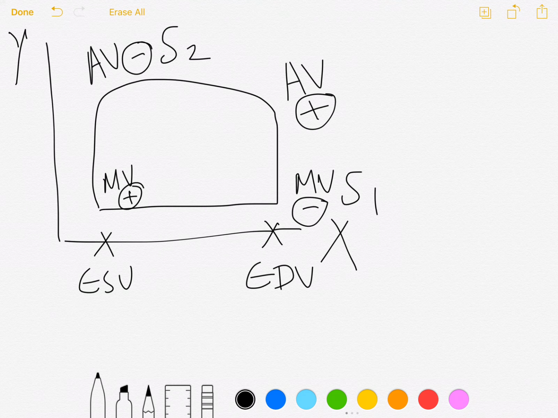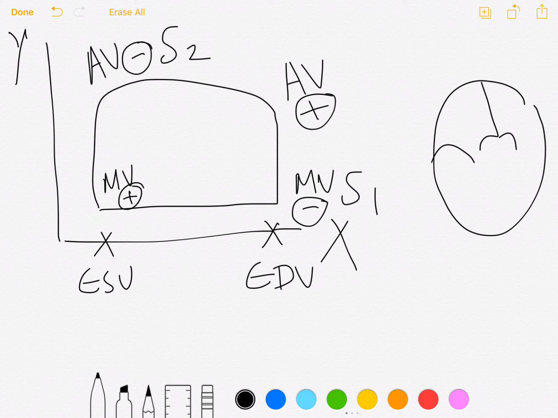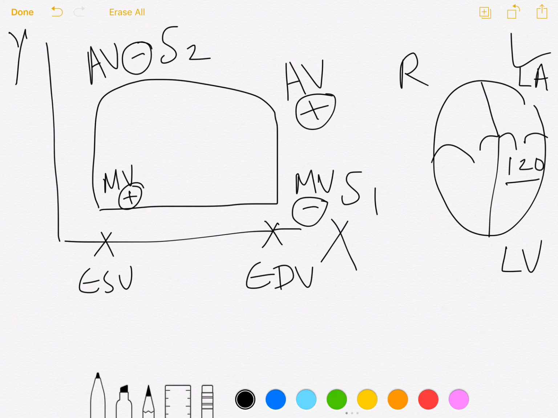So to make this clearer, we will use this schematic diagram for the heart. Okay, so this is the left side and this is the right side. This will be the left atrium and this will be the left ventricle. During systole, usually the pressure inside the left ventricle is around 120, while during diastole it will be around 10.